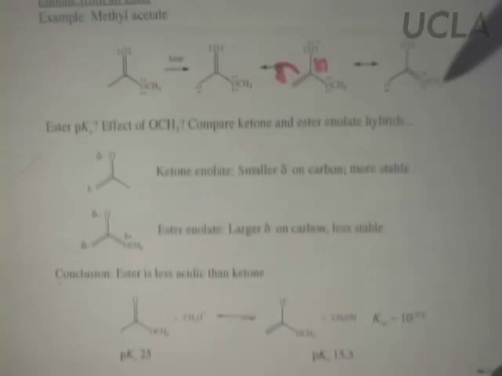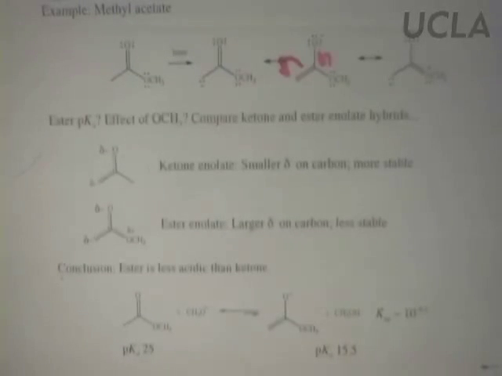So what's happening here is the OCH3 oxygen, it's taking those lone pairs and pushing them into the portion of the molecule where we're trying to get electron density spread out. It doesn't help things. If you add more electron density to the enolate, remember resonance stabilization comes from spreading it out. If you add more electron density to the enolate, what does it do to the enolate stability? Does it help it or hurt it? It hurts it.